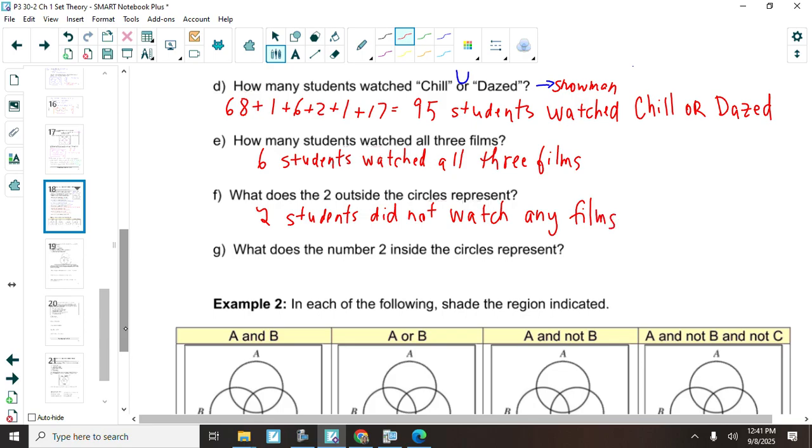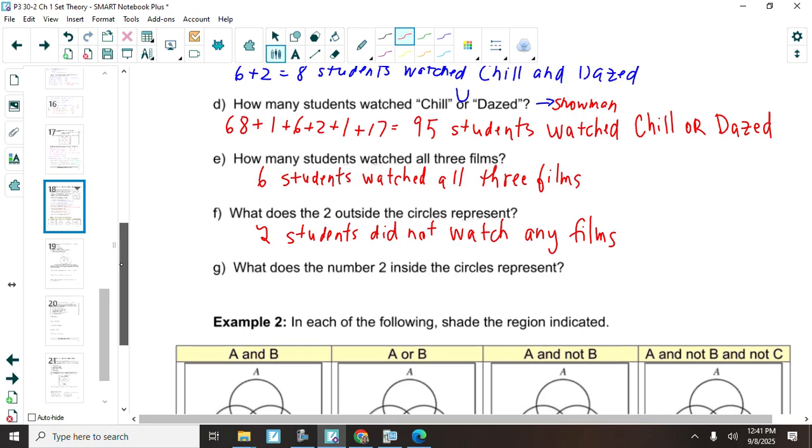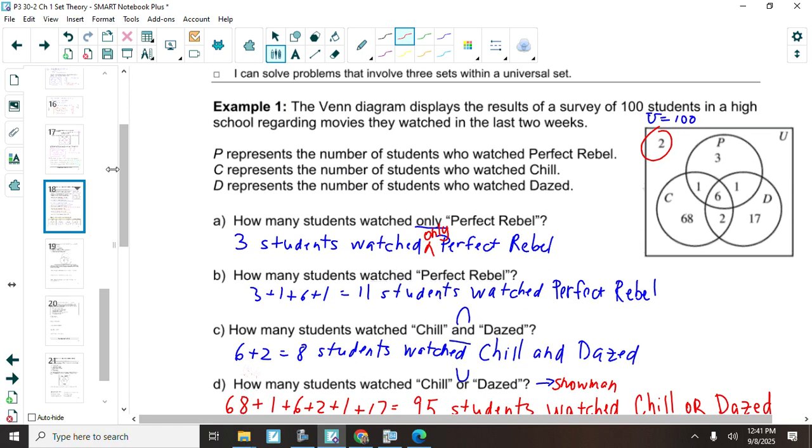What does the 2 inside the circles represent? All right, let's find that. This one here, so not that one. What's this weird kind of one here?